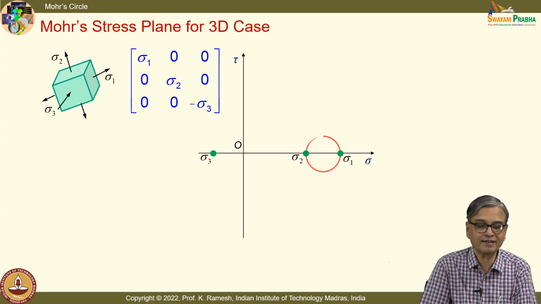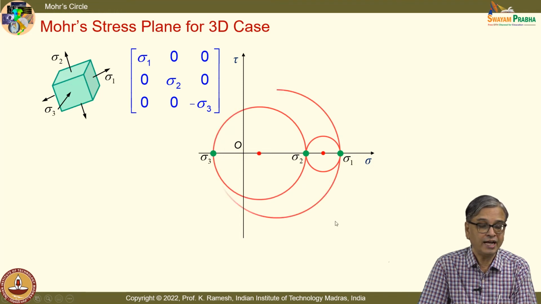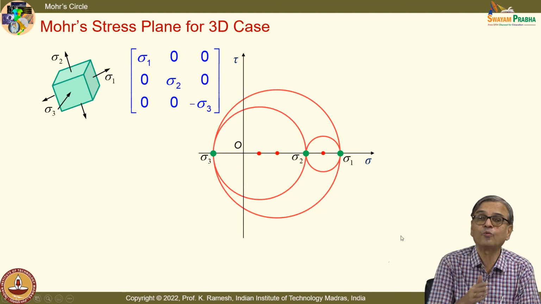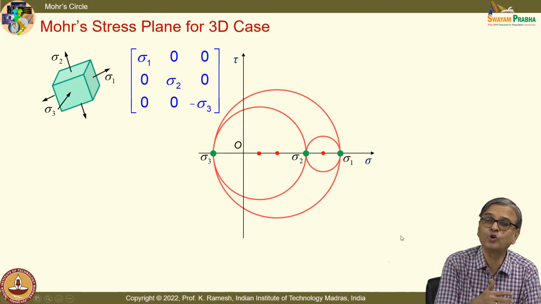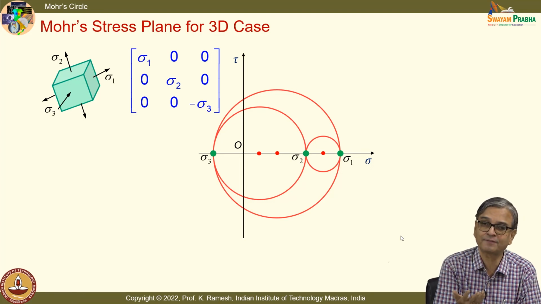So I have the circle, this is what we have seen, and you draw the circle. For points lying on the circle, you know the value of sigma and tau, and you also know how to locate the plane. That is straightforward.